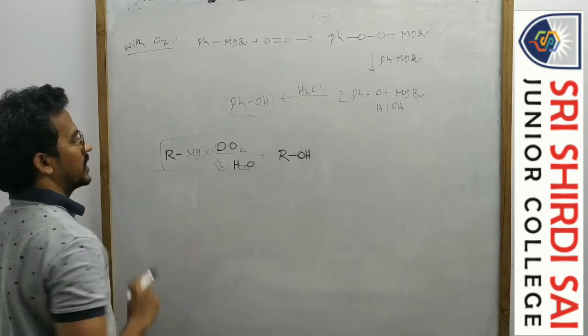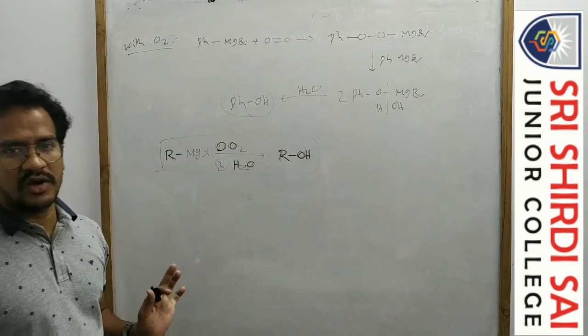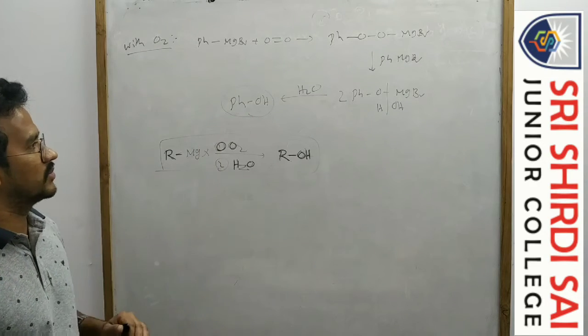Very simple one. RMgX, O2 followed by hydrolysis, ROH is the product. Okay, that is one of them.